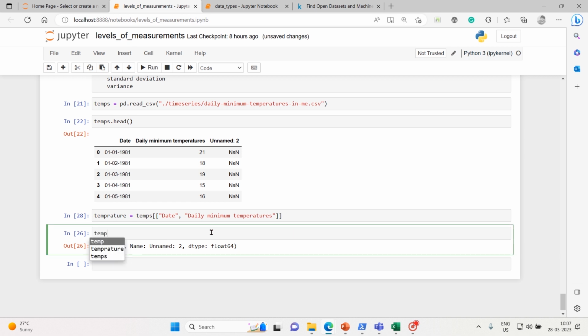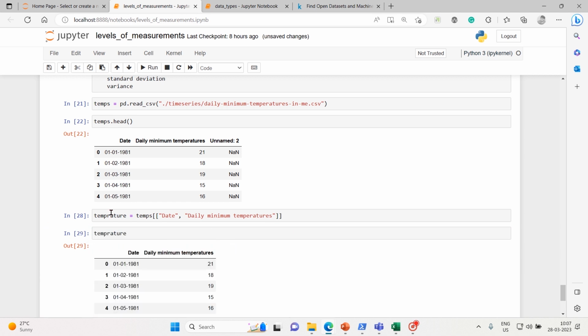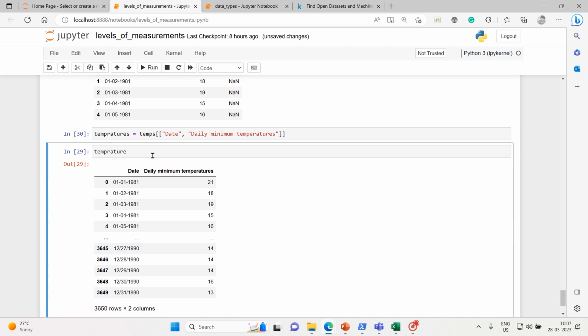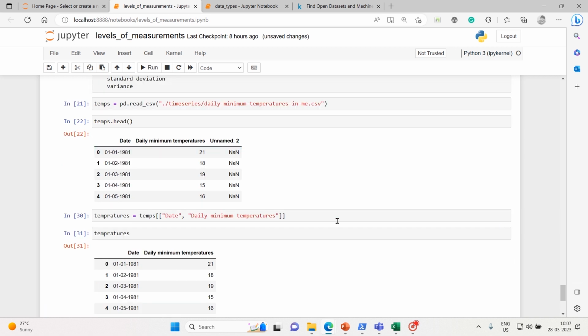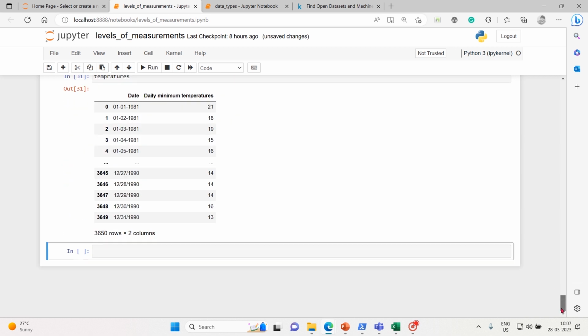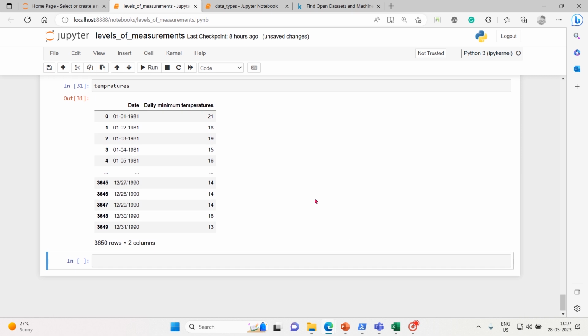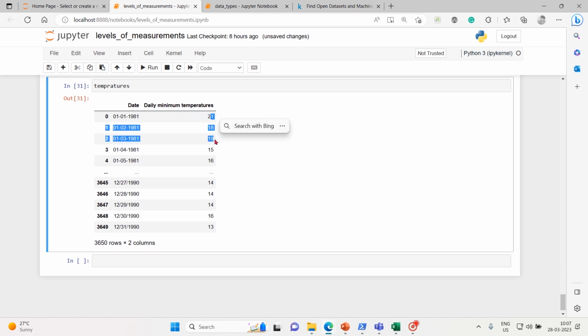So my temperature, okay, now I got it. So date, let me make it temperatures. Yep, so this is my final data. So these are my temperatures that you can see.